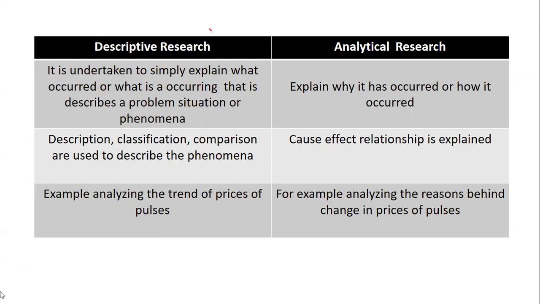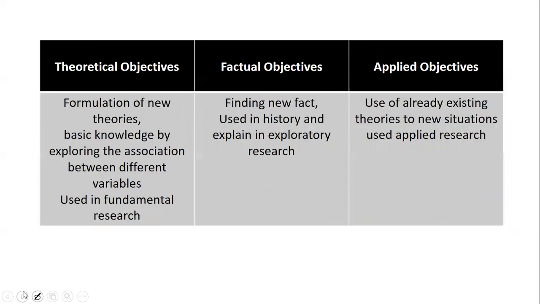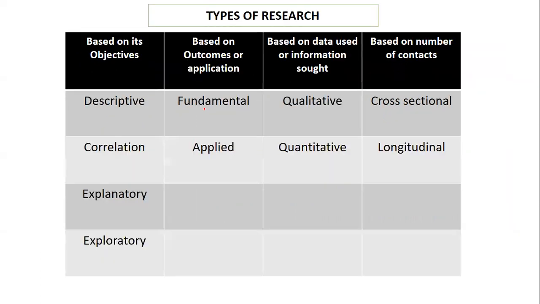Going to the next one, we have done the objectives: theoretical, factual, and applied objectives, which are used in research. Now, just for your easy understanding, I have put it in a tabular format, which will be easier for you to remember.